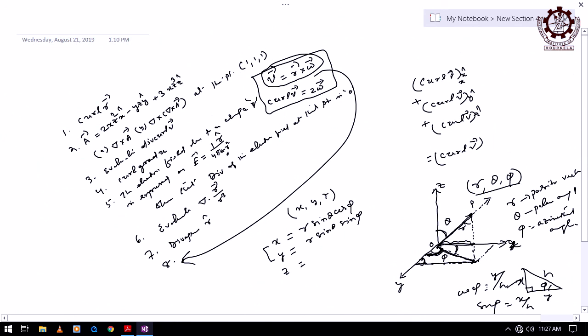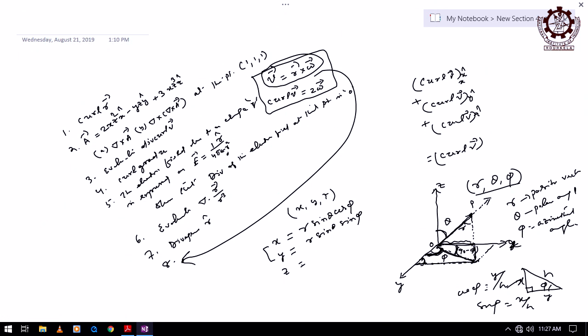Sir, so if the projection value is r sin theta, then the x component will be r sin theta sin phi. It will be cos of 90 minus phi, which will be sin. This is 90 minus phi, right?